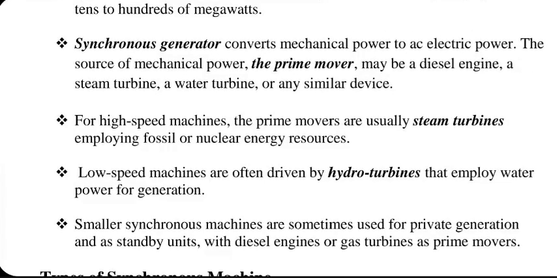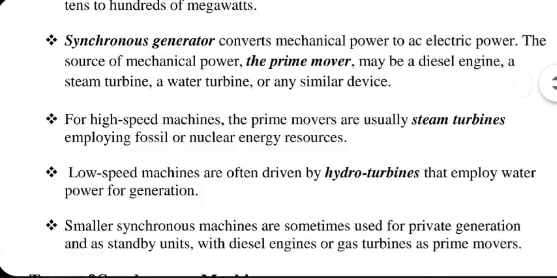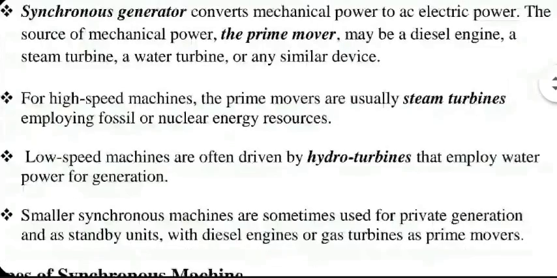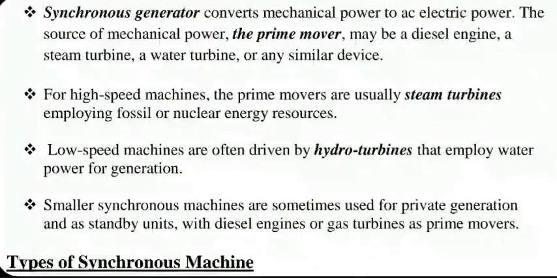Low speed turbines are usually hydro turbines. Smaller machines are sometimes used in private generators, obviously for backup generators, like we have in our campus. Probably we have smaller alternators compared to what Kota Thermal Power Station is using.